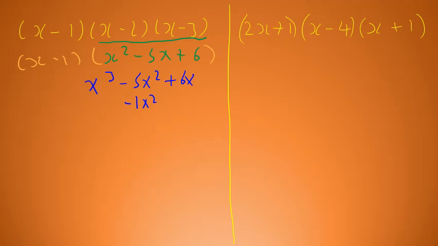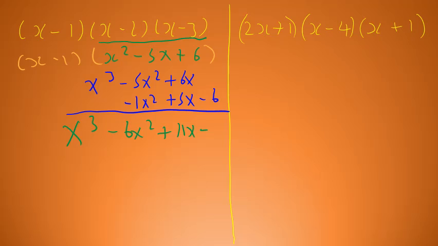A negative times negative is going to be positive, so that's going to be positive 5x. A negative times positive is going to be negative, so it's going to be negative 6. And tidying all of this up together will give you x cubed, negative 6x squared, positive 11x, and negative 6.